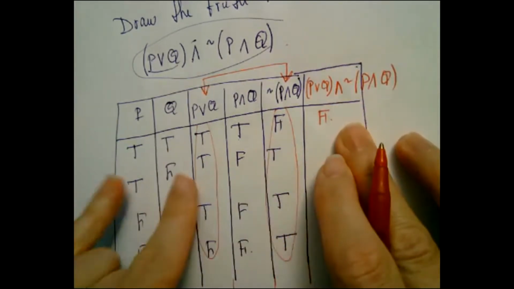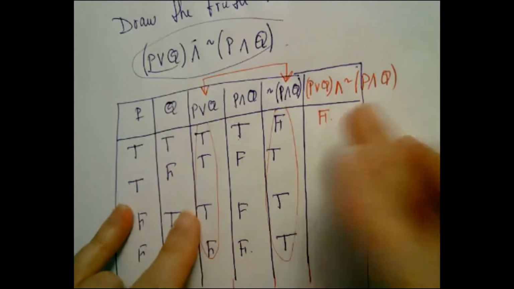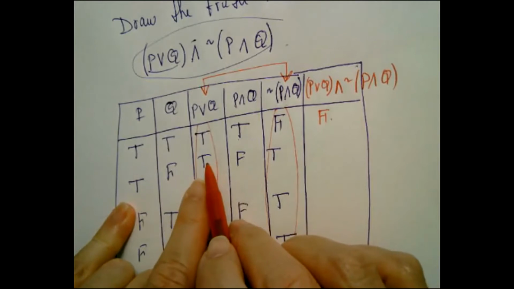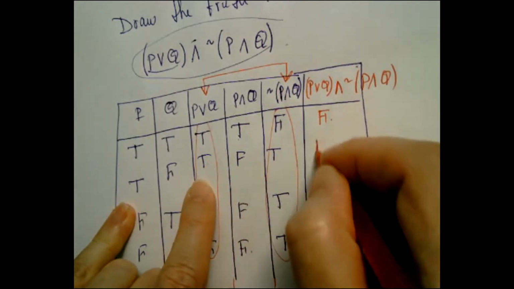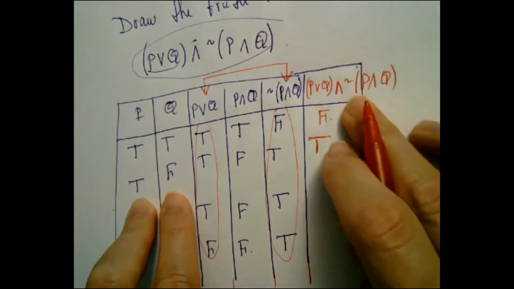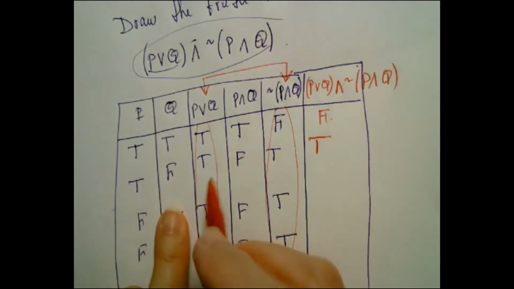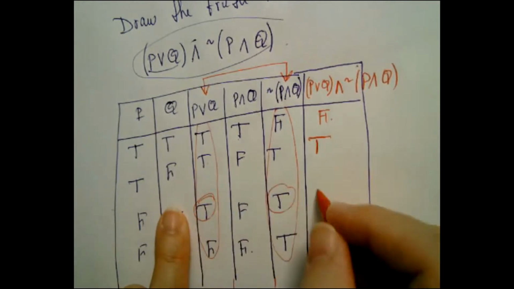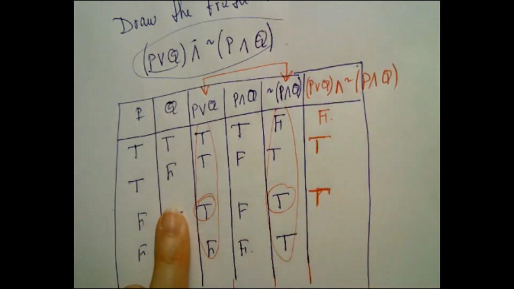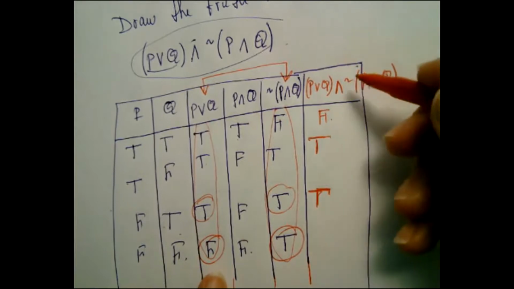It means if both are true, this is false. Now, true, true, true. Means if one of them is true, this is true. Now here, true, false. It's false, true. And this is true, this is true. That's true. False, true. That's an and.